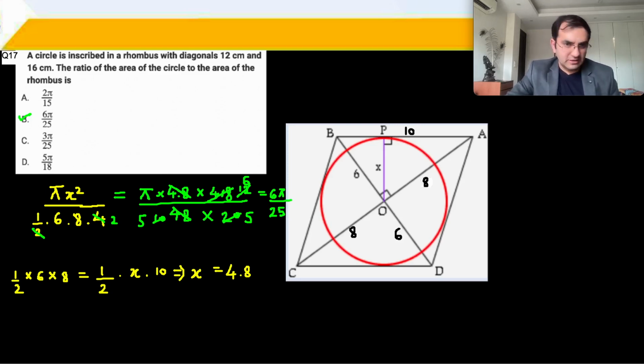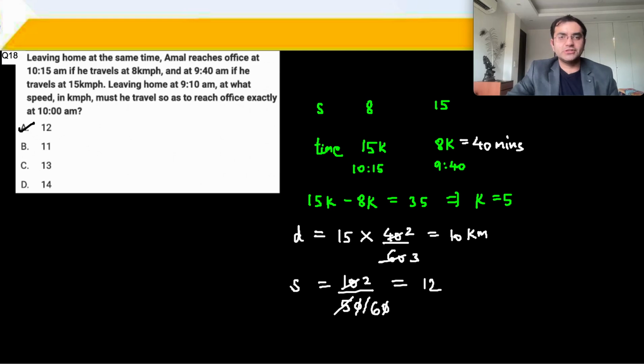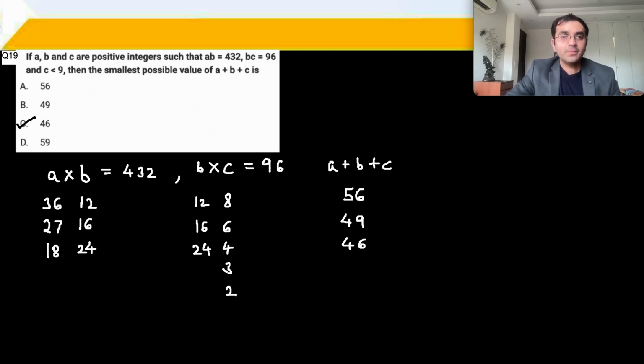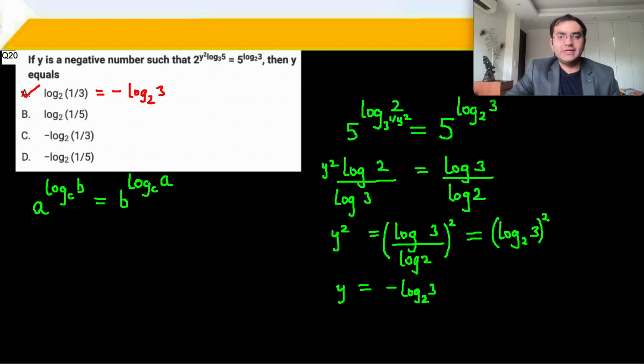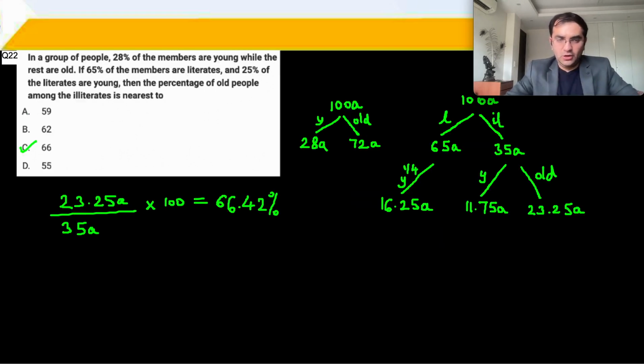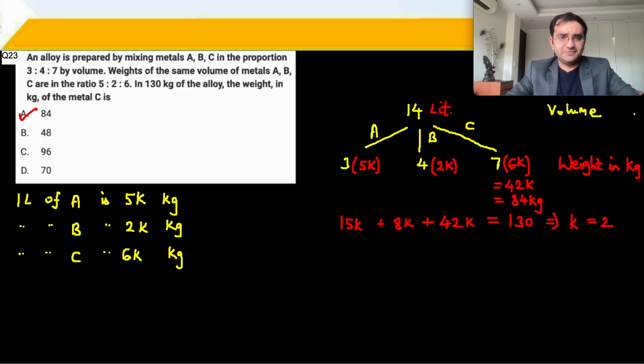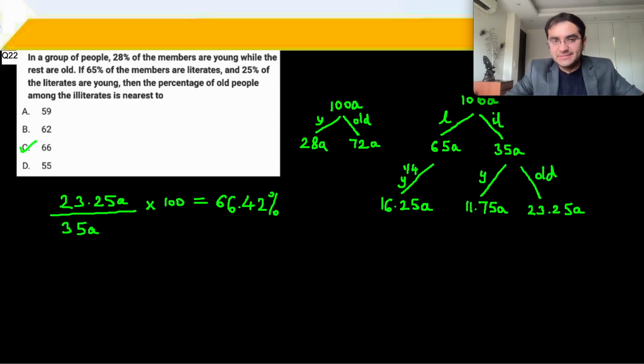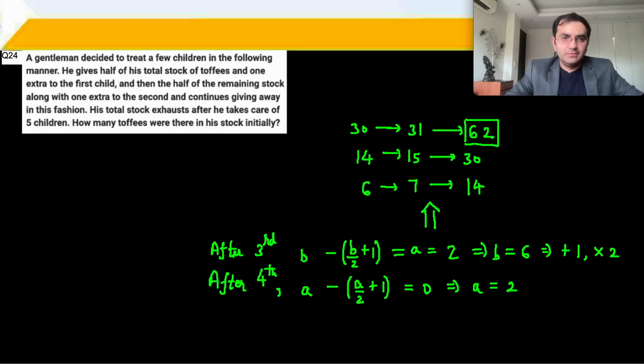You had to draw the figure and then do the calculations, but 18th was very manageable based upon proportionality. 19th was doable. 20 had some fancy properties of logs, so a moderate level. 21 was a lot of calculations and very long. 22 was very easy.